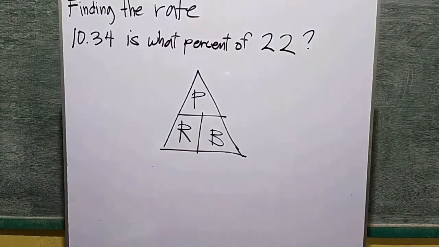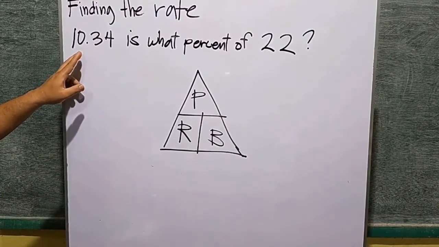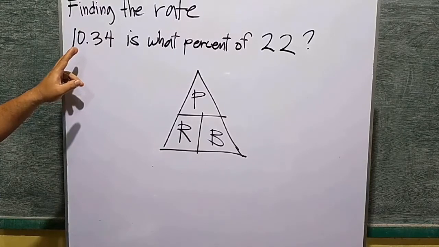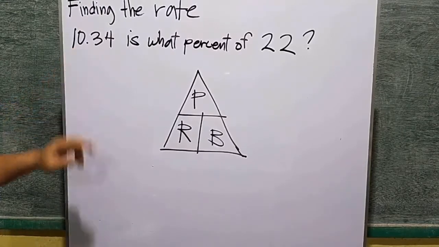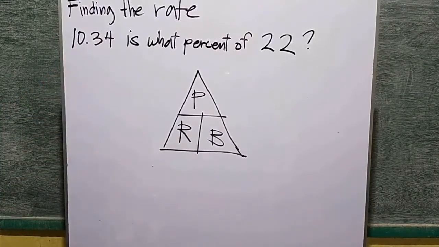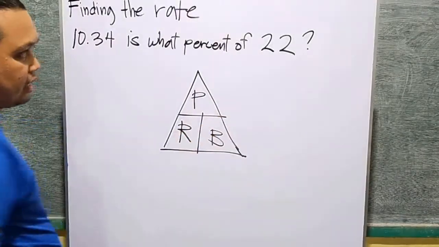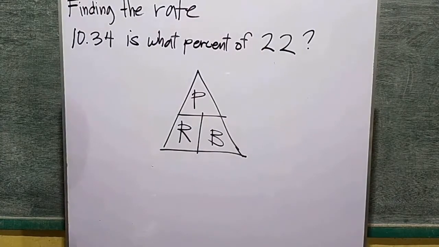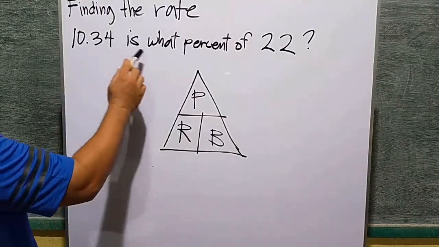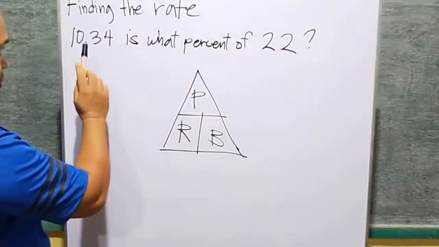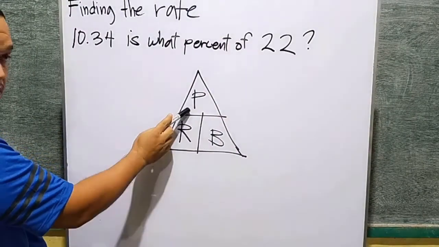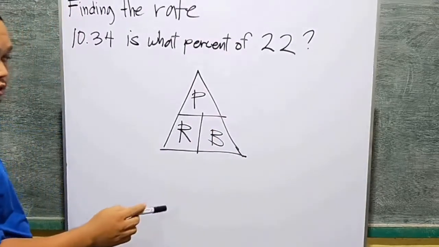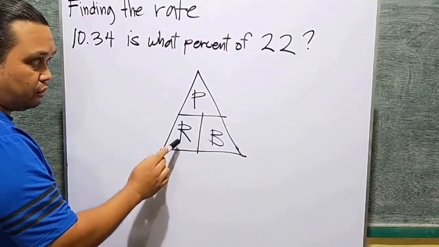In our example, 10.34 is the percentage, while 22 is the base, and we are going to look for the rate.